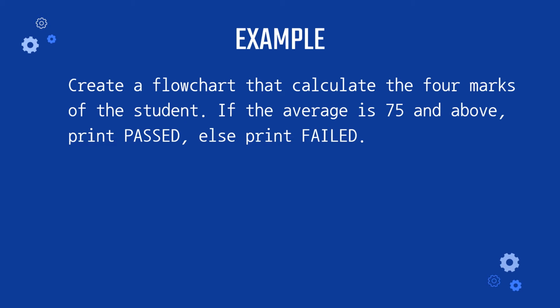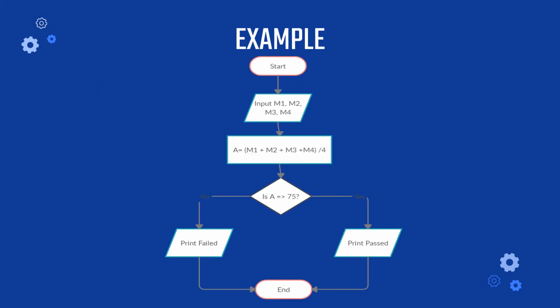So, kung kanina po, lower 50 po yung failed, dito po medyo tinaasan natin. So, kapag ang average po is 75 and above, ipiprint po natin is passed. Else, print failed. So, paano po ba yun? Ito po yung kalalabasan niya. So, we will start the program.